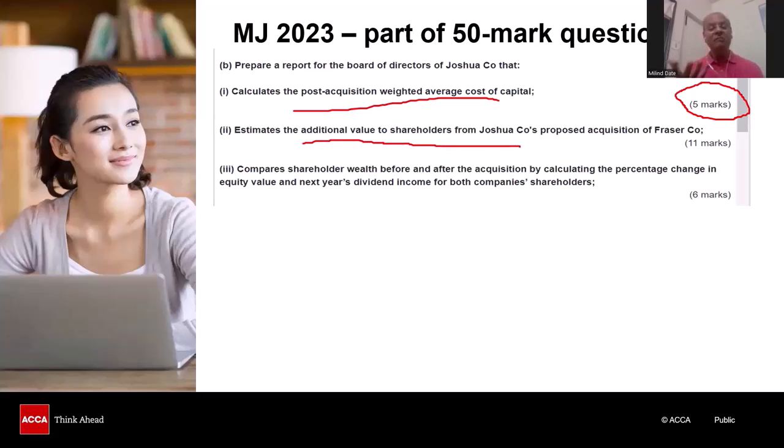Now, J company is the bidding company here, and F company is the target company here. And then you compare the shareholders' wealth before and after acquisition by calculating percentage change in the equity value, as well as next year's dividend income for both company shareholders. It's a 50-marker. For nearly half of that, these 3 requirements are there.